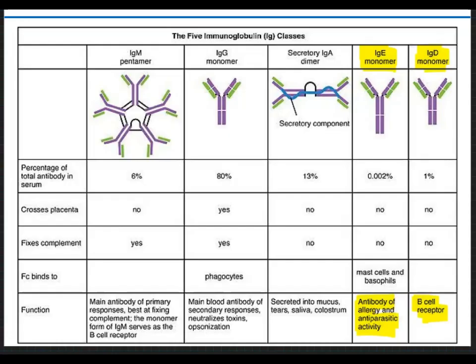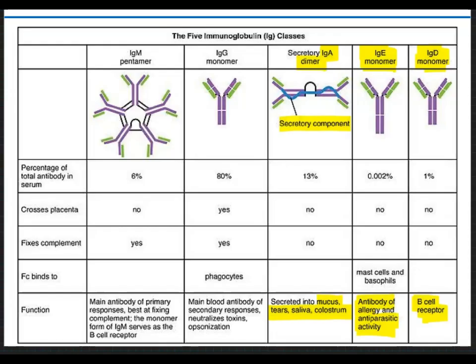Then we have IgA. A small amount of immunoglobulin A is produced, released into the blood, but most of it is secretory. Secretory IgA is a dimer, and it's secreted in many fluids, tears, saliva, every mucus, and breast milk.